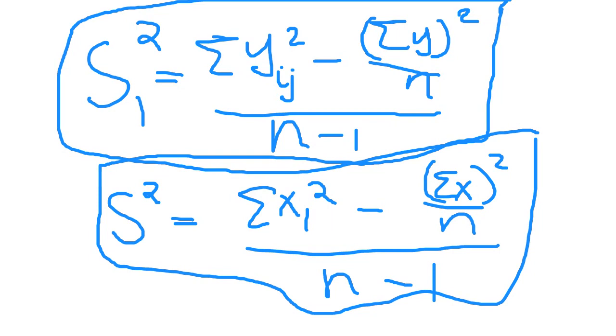You must know how many values you are adding. Your n is going to be 8, right? Because you have 8 values in that treatment. And then you square all the values for the first treatment, minus the sum of all those values squared divided by n. Is it difficult, guys, to do that?